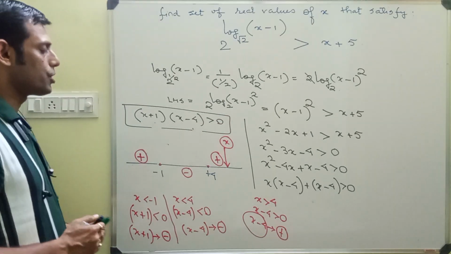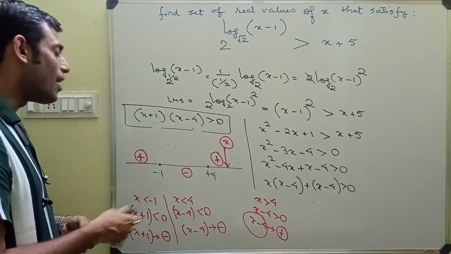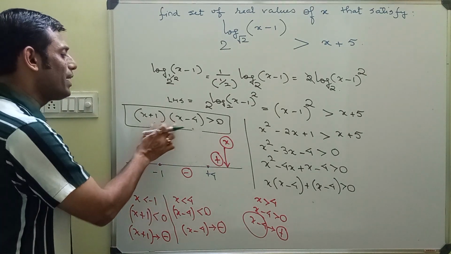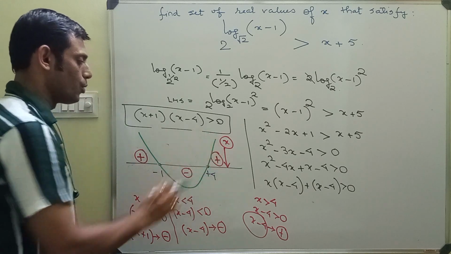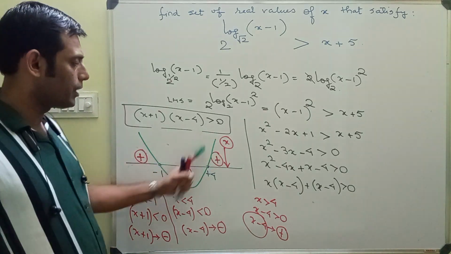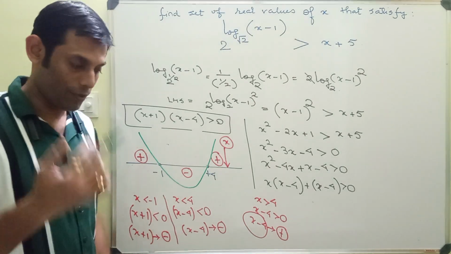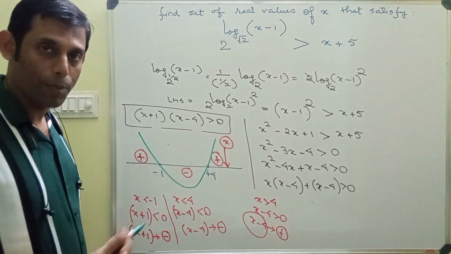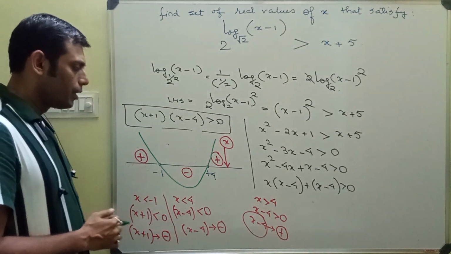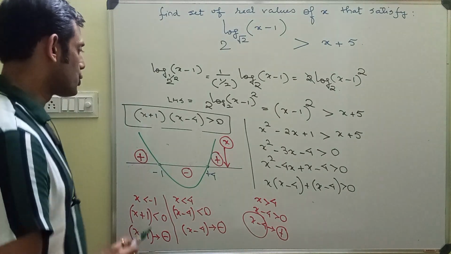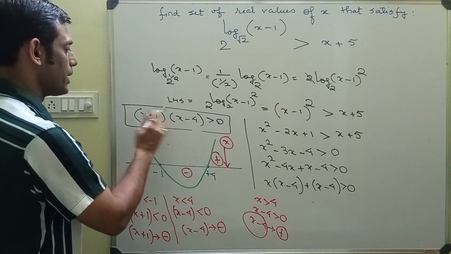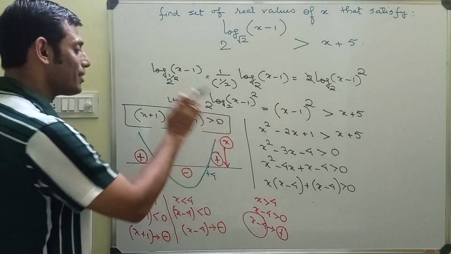And also, this is a simple graphical representation of a quadratic product or a quadratic factor which would otherwise go like this. We will discuss the quadratic graph in detail when we talk about quadratics as a topic. As of now, what do we need? Our need is basically this. We need the product to be greater than 0.